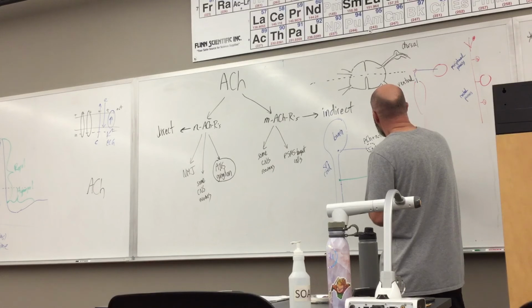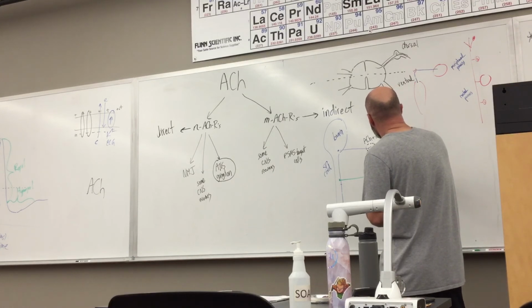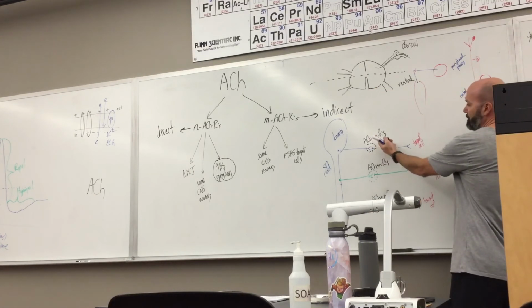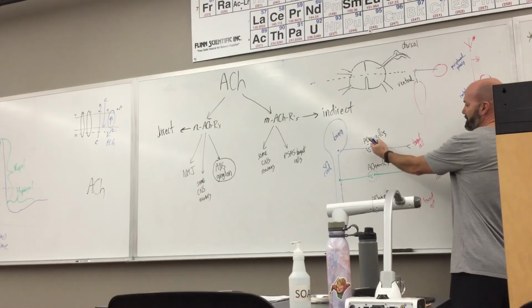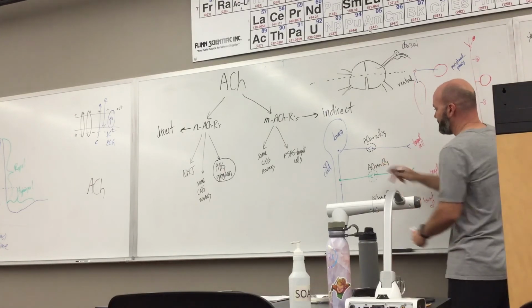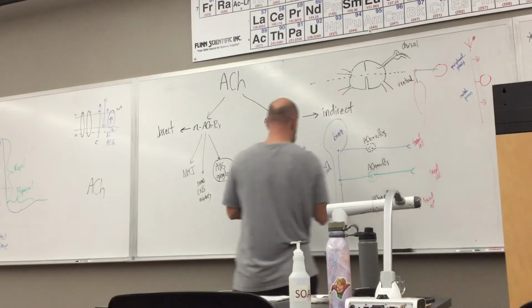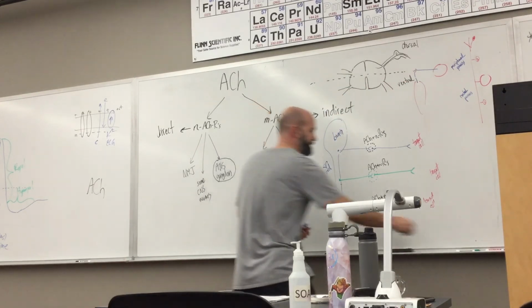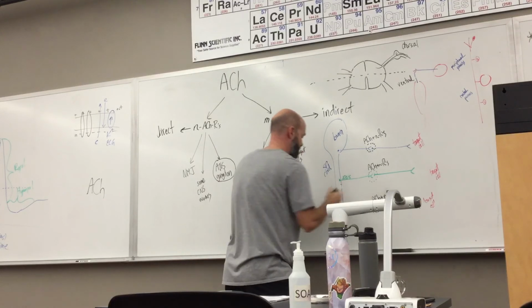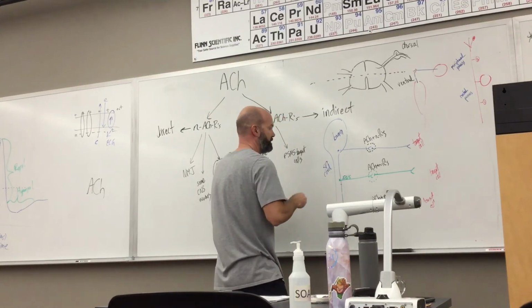Norepinephrine. So this is my shorthand way of saying acetylcholine binds to nicotinic receptors at autonomic ganglia. Doesn't matter if it's parasympathetic or sympathetic, right? So the green is sympathetic and the blue is parasympathetic.